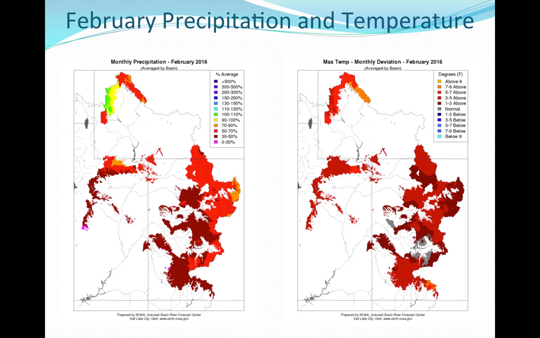When we're looking at the monthly precip here, again, you can see that when we zoom into those significant areas, very, very dry conditions, except for maybe the very northernmost portion of the Green River Basin, and those maximum temperatures, very warm, led to a lot of early snowmelt, particularly at low elevation sites.